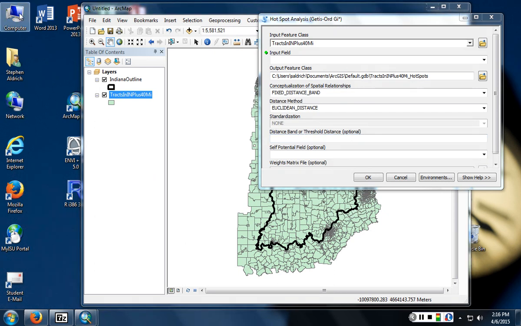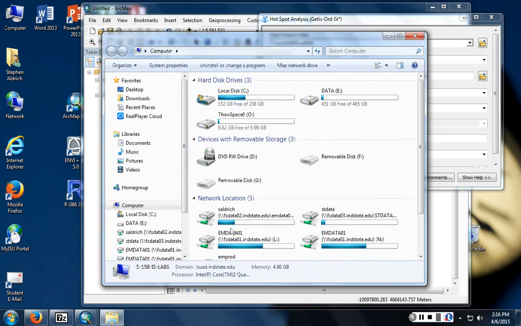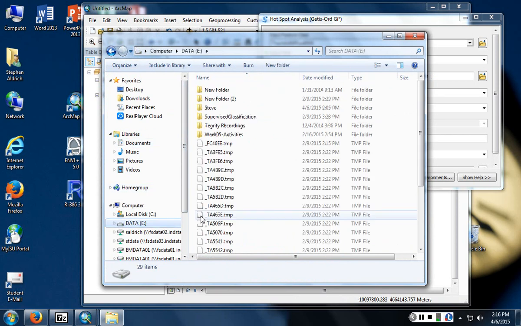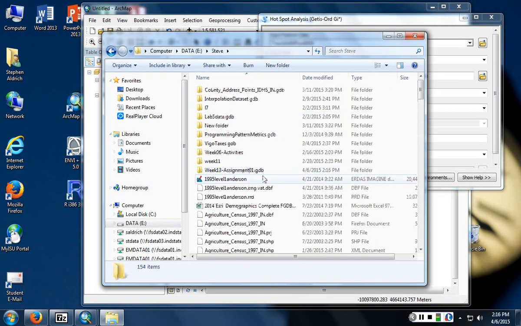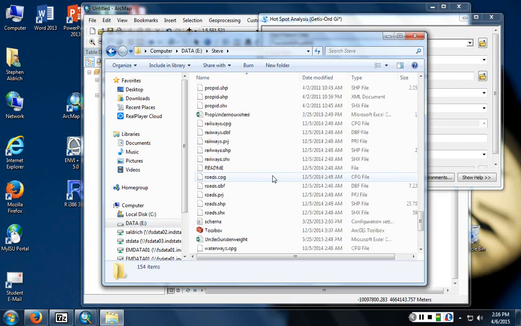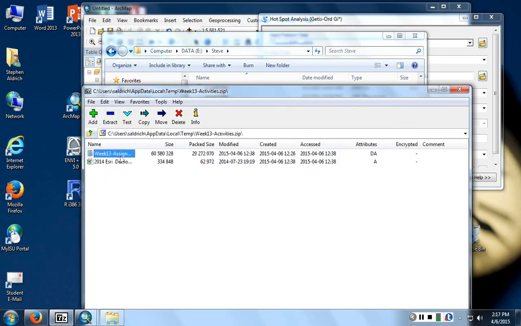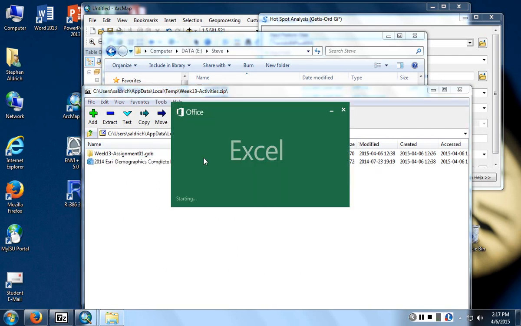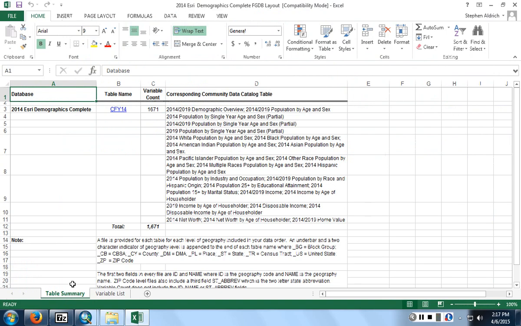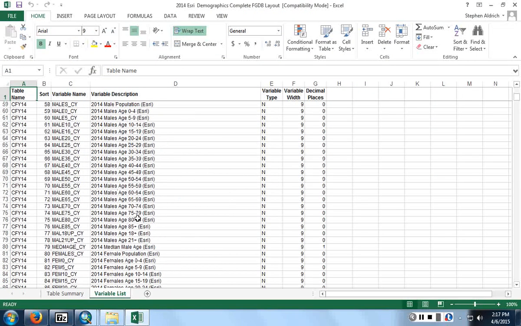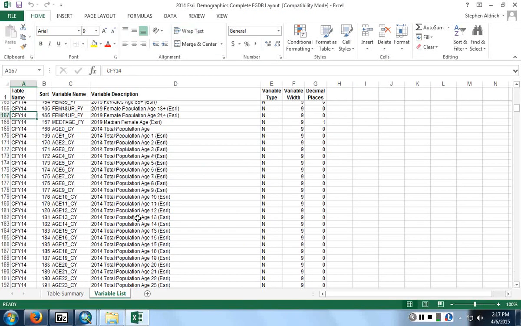The other option would be to go to the data that I downloaded and see if there is any metadata. While there isn't any metadata in the ArcCatalog sense, there is some metadata in the zip file, right? This 2014 Esri demographics complete. If we open this in Excel, there's a variable list, and this variable list might make it easier to find the column name that we want.